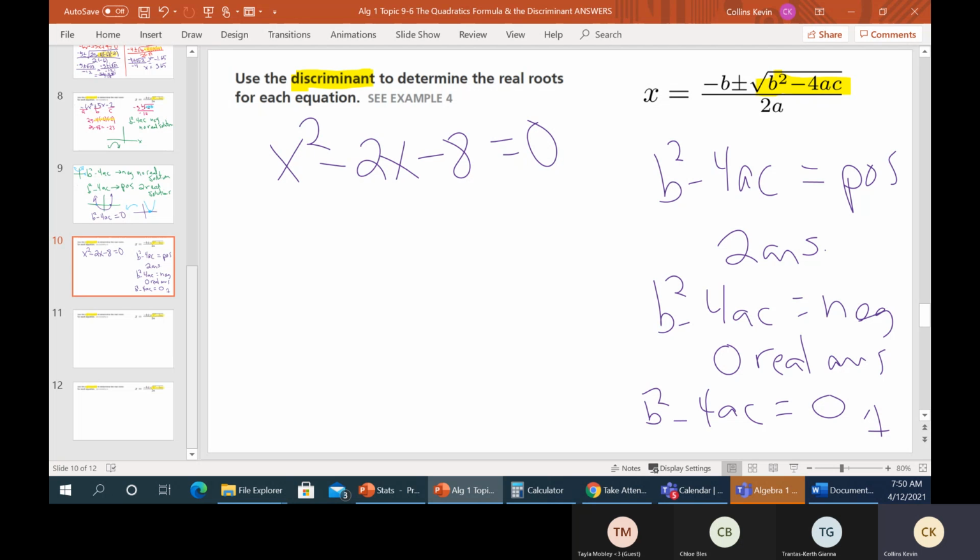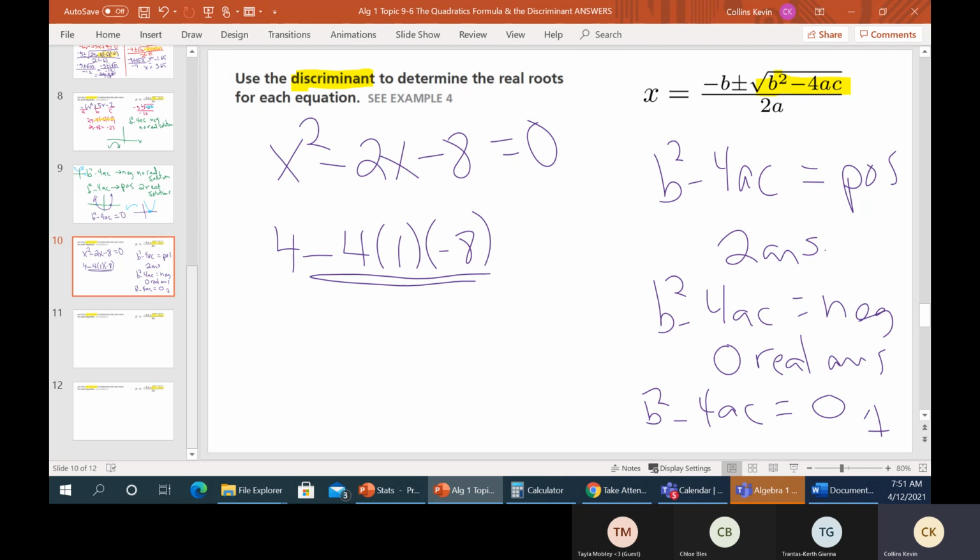Okay, so in this case, let's see what we get. So b squared, that's negative 2 squared, that's going to be positive 4, then minus 4 times a, which in this case is 1, times c, which is negative 8. Okay, so you don't even have to get too far into this, because if we look at this, we have 2 minus signs here for this part, right?